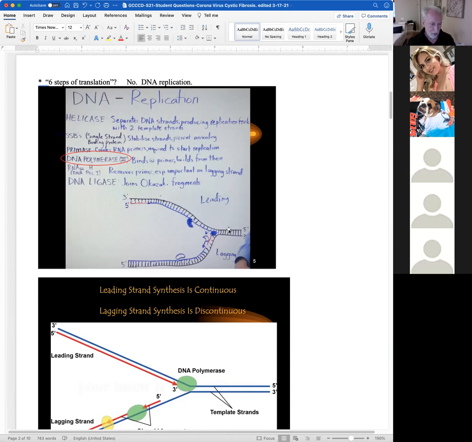You have the DNA that's going to be replicated, and an enzyme called helicase. Its function is to separate the DNA strands, because DNA polymerase cannot get in there to replicate as long as the strands are hydrogen bonded to each other. So helicase separates them.